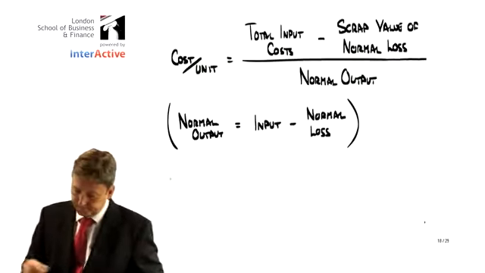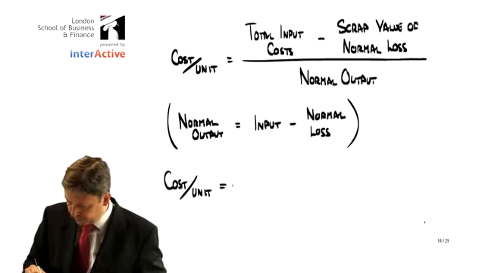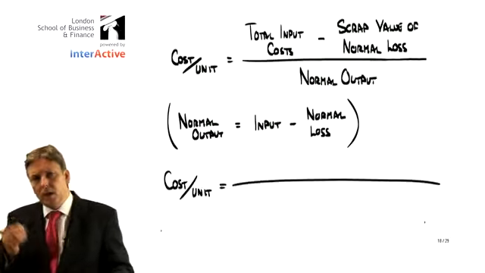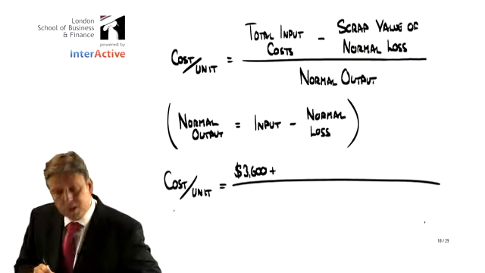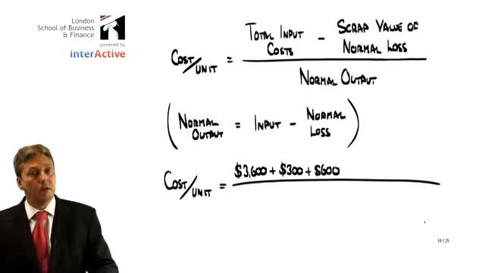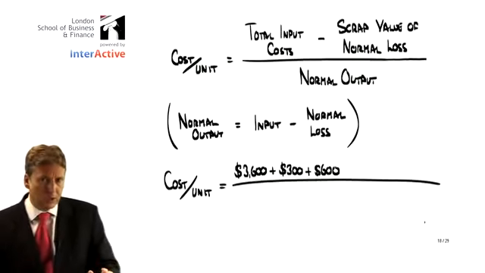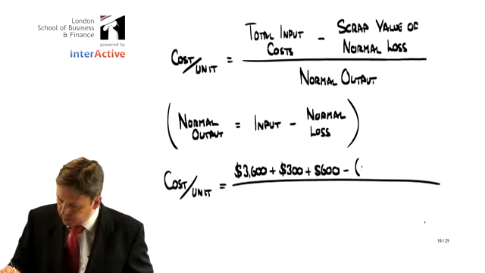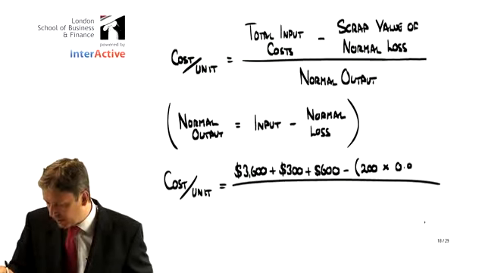Let's see how it works. If we were looking at the cost per unit using the numbers that we already know, we know that the input costs were 3,600 for the material, plus 300 for labour, plus 600 for the overhead. From that, we wish to offset the scrap value of normal loss. Now, we've already said normal loss was 200 litres. So we have 200 litres, each with a scrap value of 90 cents.